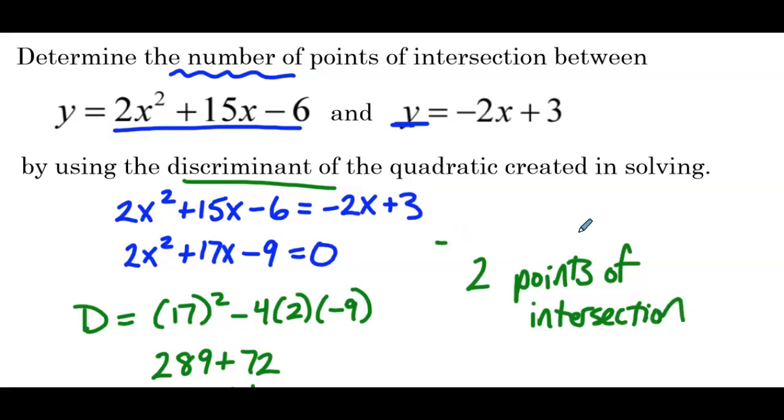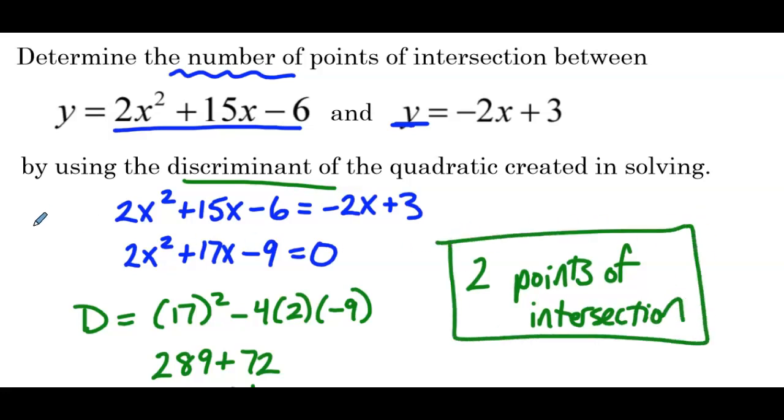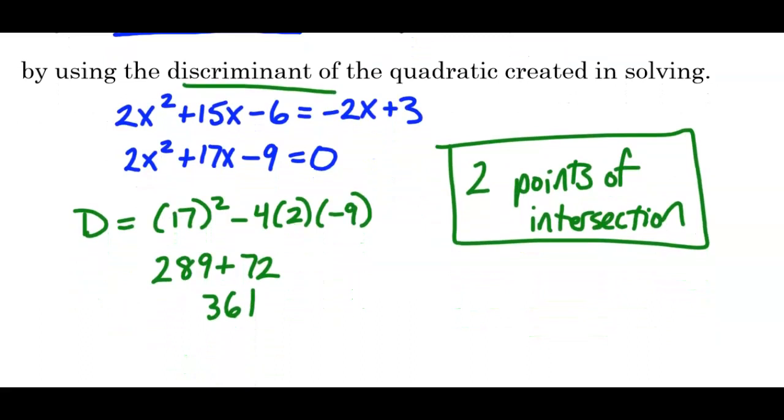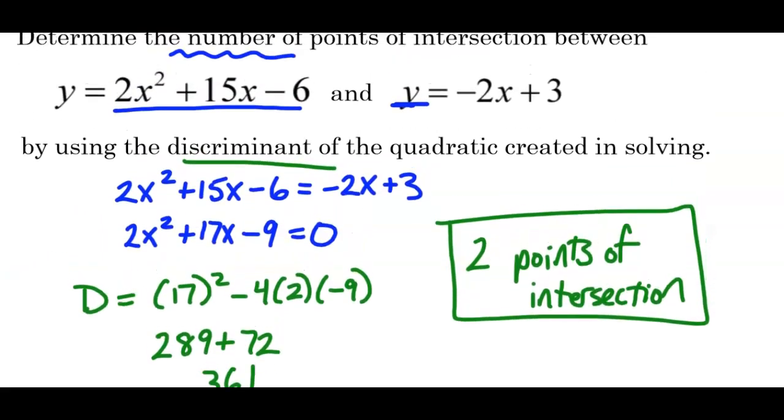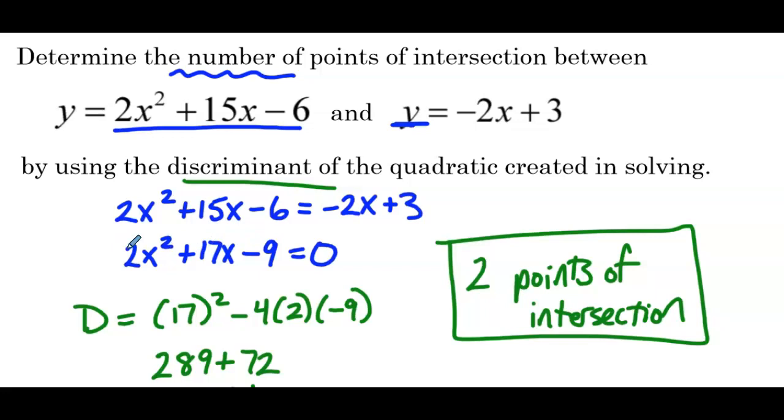So essentially what this question is asking us to do is go back to that nature of the roots. And it's tying in the nature of the roots to solving a system, a linear quadratic system of equations algebraically. So we start solving, we get a quadratic that we would find the discriminant of in order to solve. And here they don't actually want the solutions, they just want to know how many solutions we are going to have.